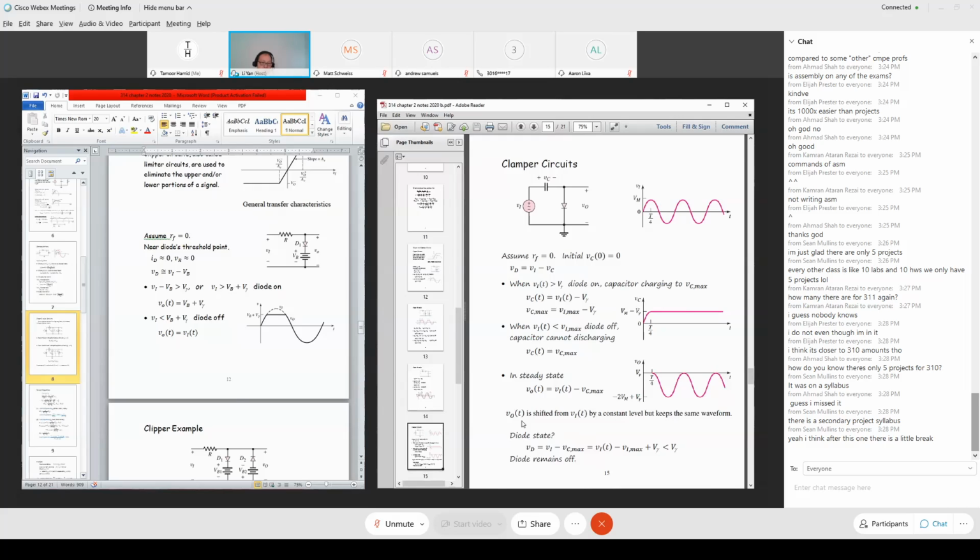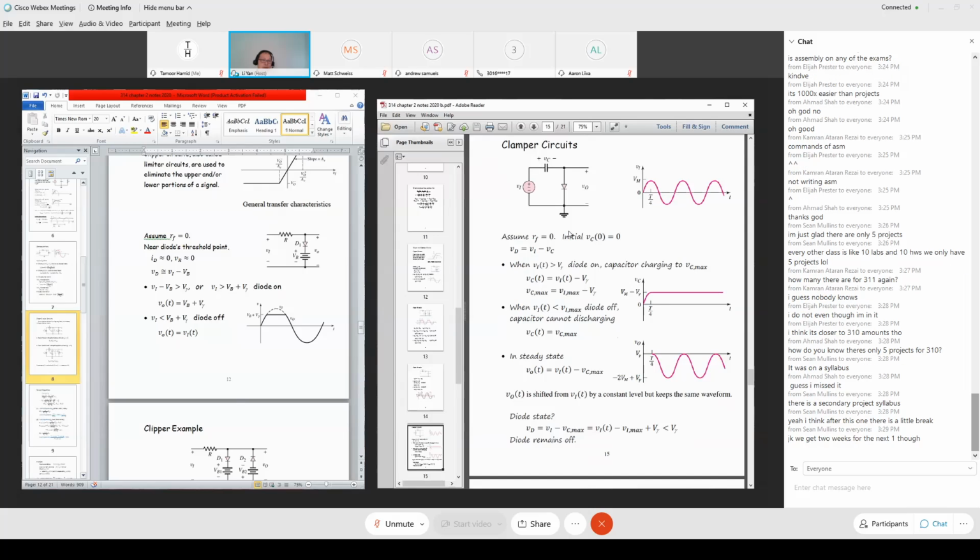The output voltage is shifted from the input voltage by a constant level but keeps the same waveform. There's no clipping, only shifting of the output voltage from the input by a constant level. The other way to say it is that the top level of the output is clamped at some level. In this case, it's clamped at V gamma. Okay.